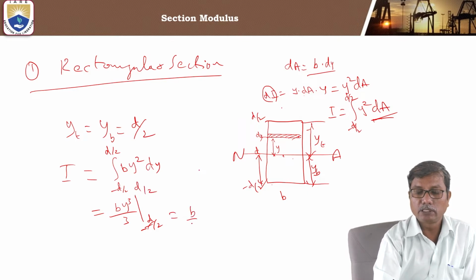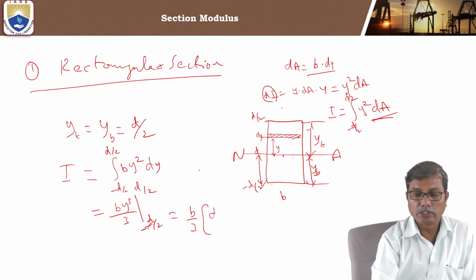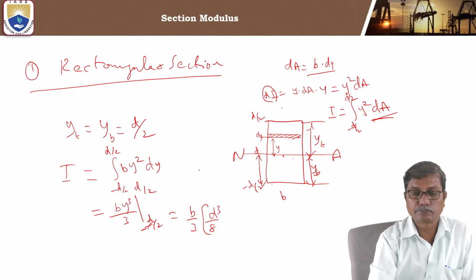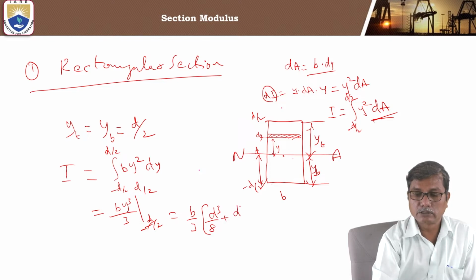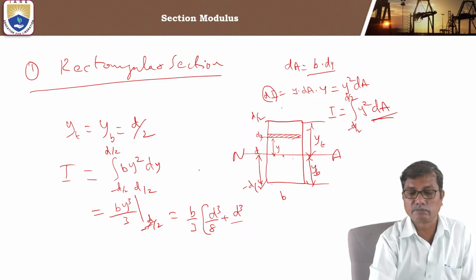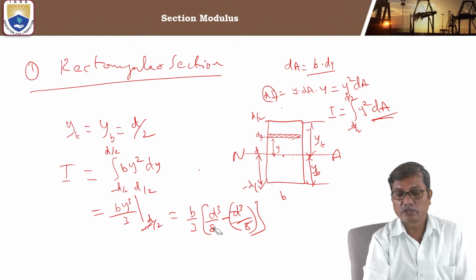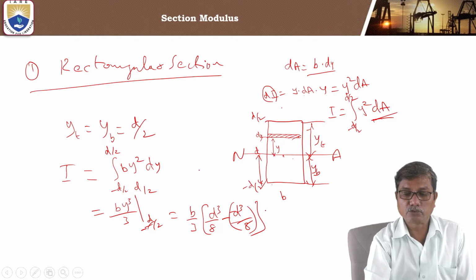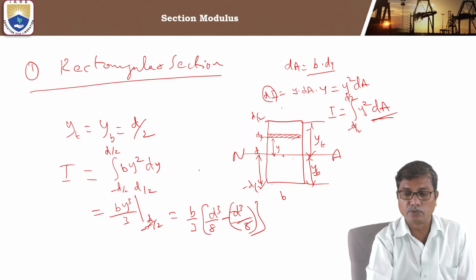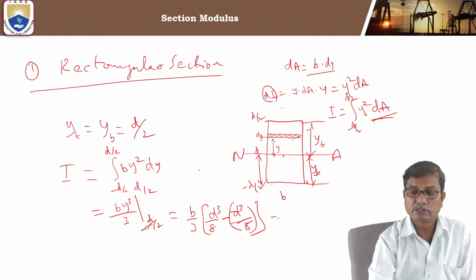So here b by 3 into d cube by 8, minus of minus d cube by 8, so it becomes plus d cube by 8. So d cube by 8 plus d cube by 8 is d cube by 4. That is b by 3 into d cube by 4.